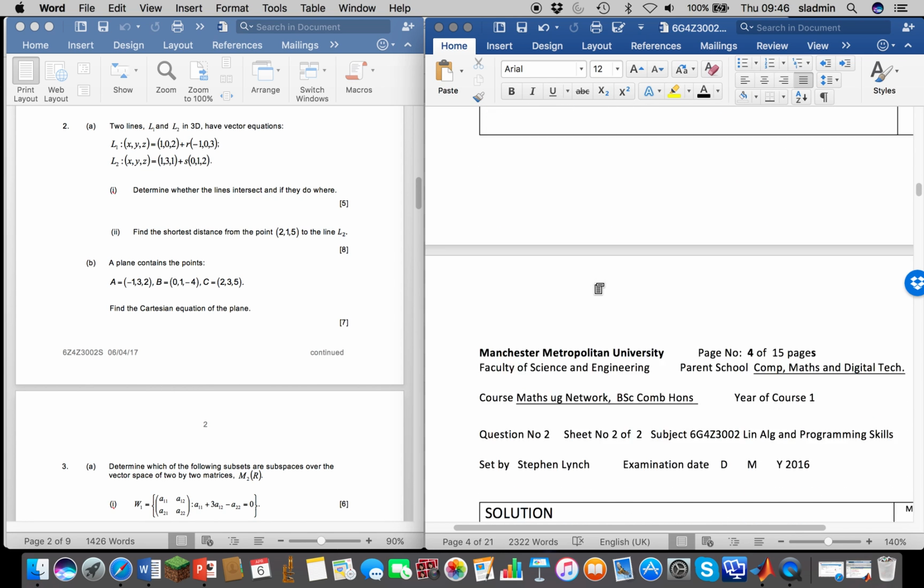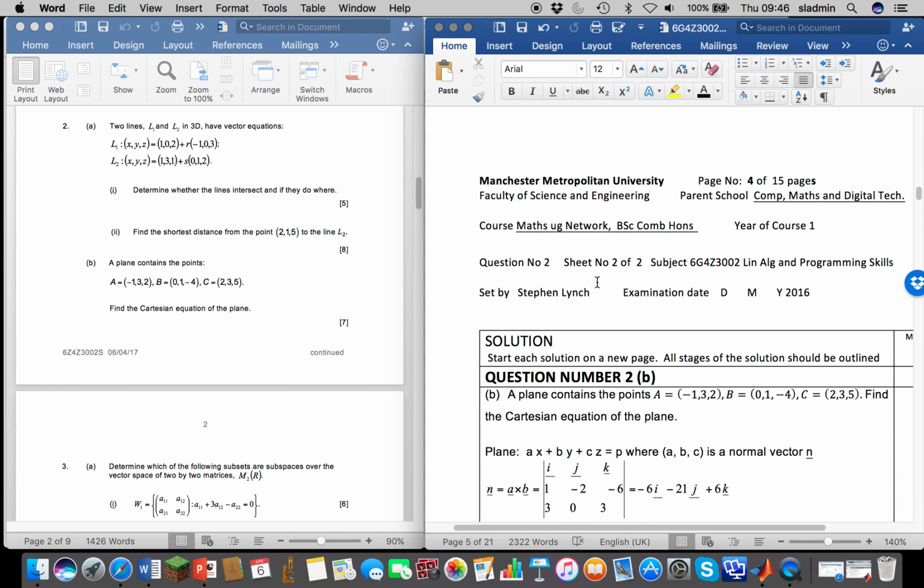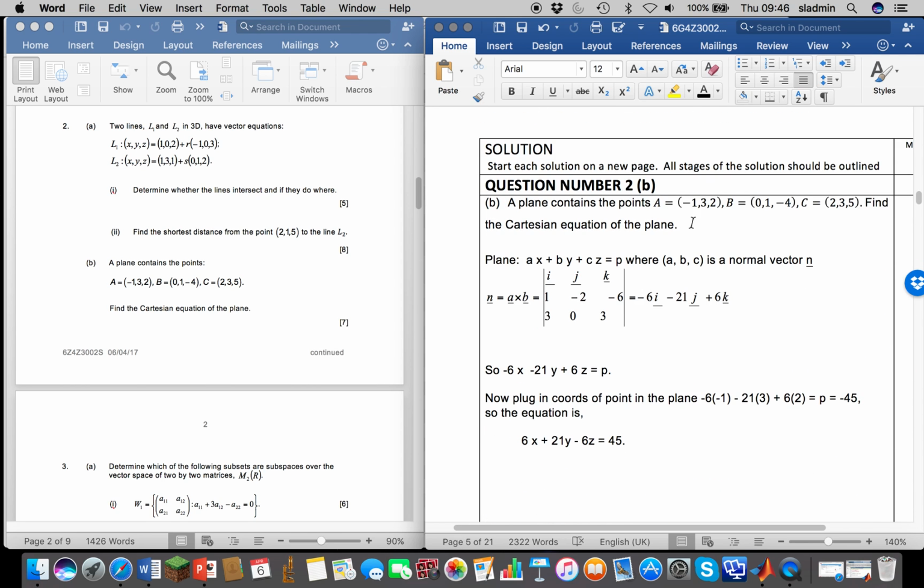For the second part of the question, we have 3 points on a plane given by A, B and C. So to find the Cartesian equation of the plane, we simply take the cross product of two vectors. If A, B and C lie on the plane, then for example AB and AC are vectors on the plane.